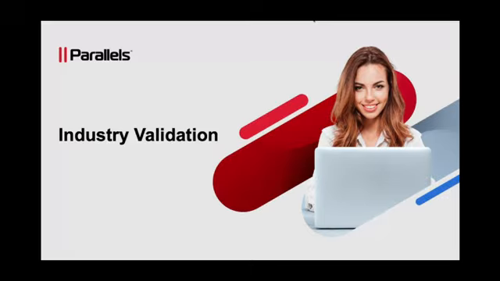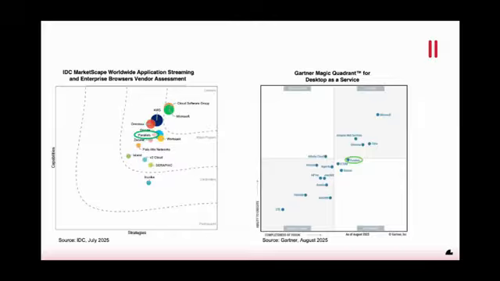So just to finish off before we get to those, I wanted to go over a couple of industry validation points that we've just had for the products that Chris has shown you. Beyond customer adoption, the industry is also validating Parallels innovation and our leadership.